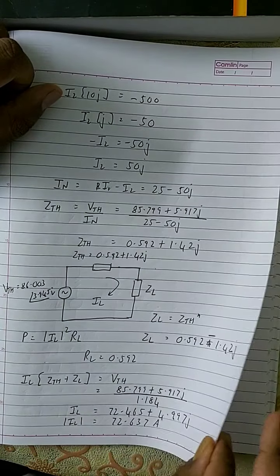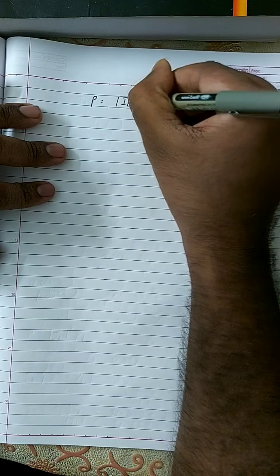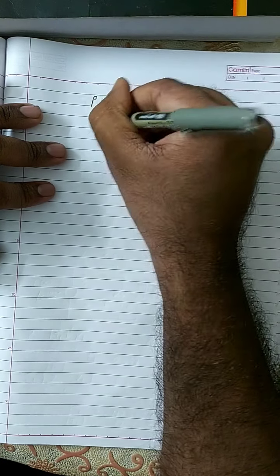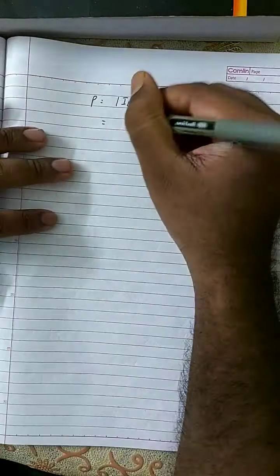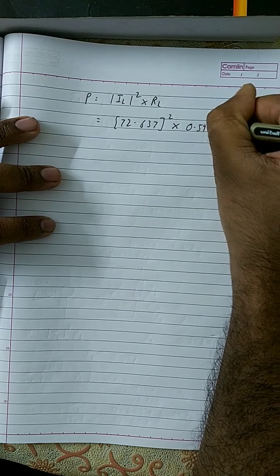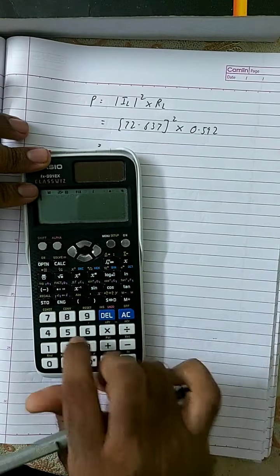So the equation for power is P is equal to magnitude of IL the whole square into RL. The magnitude of IL is 72.637, so it is 72.637 the whole square into RL, the resistor, which is 0.592.